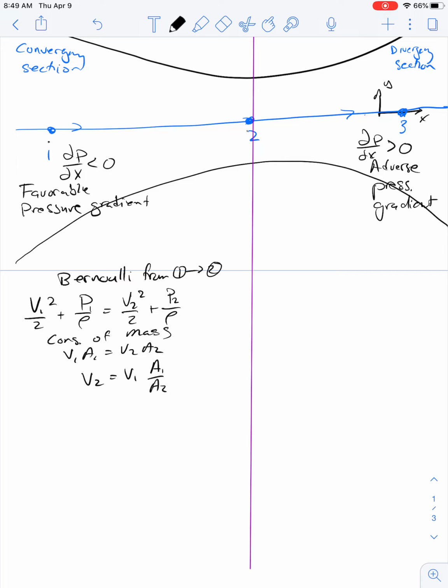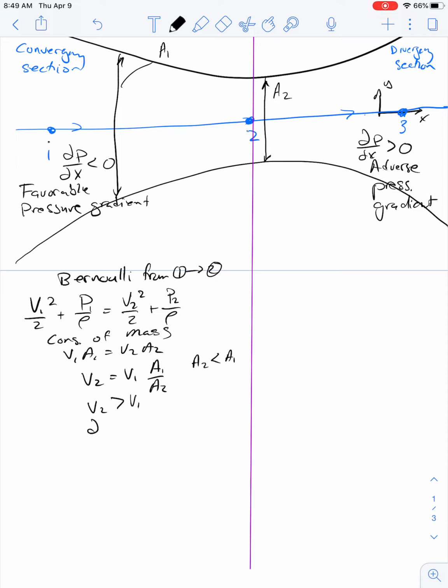Since this is, say, a wide channel, this height here, area 2, and area 1, we know that A2 is less than A1, so A1 over A2 is bigger than 1, hence V2 is going to be greater than V1. We accelerate into the nozzle, which is intuitive.